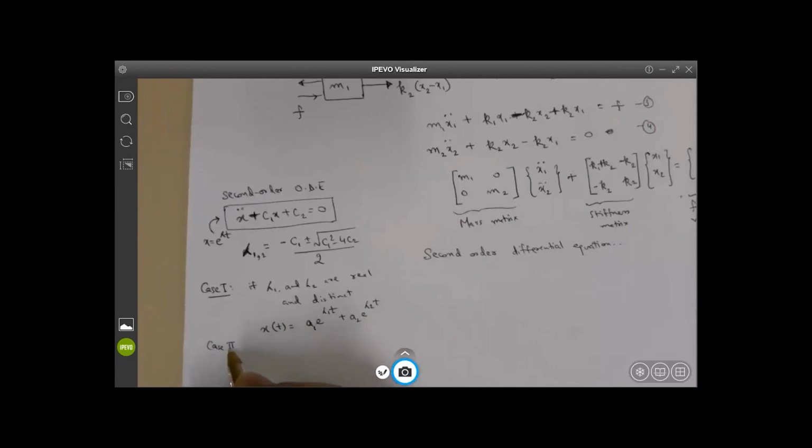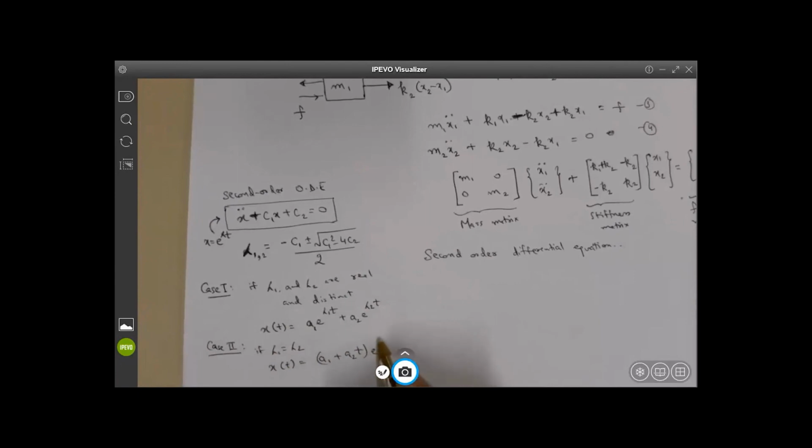Similarly, case 2: if lambda 1 equals lambda 2, then x of t would be (a1 plus a2 t) times e to the lambda t.